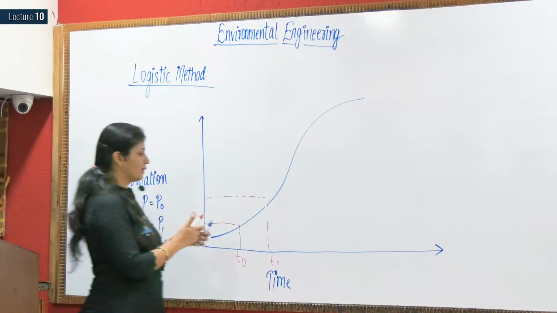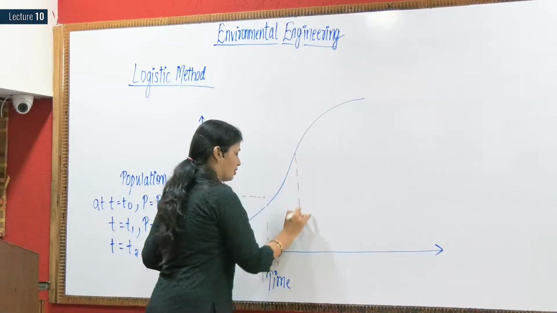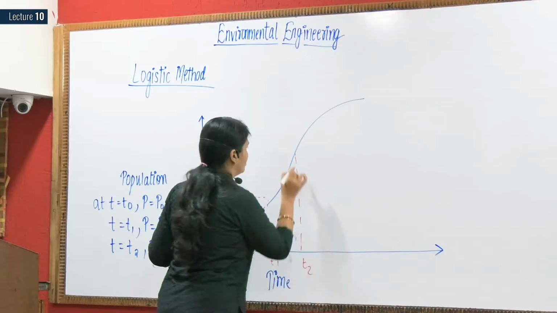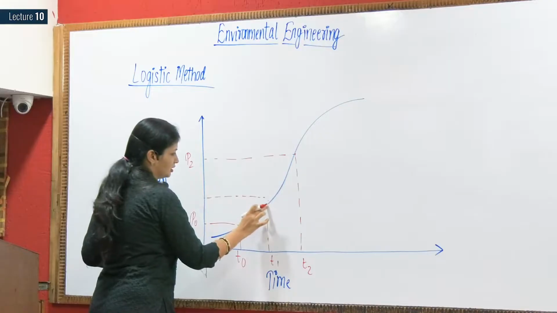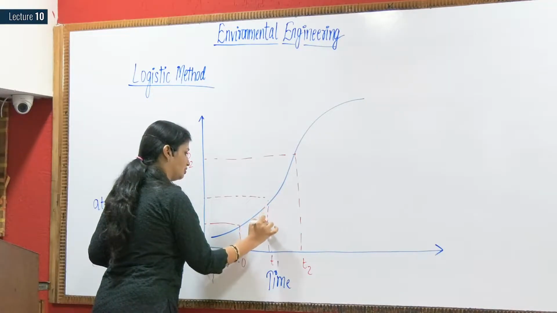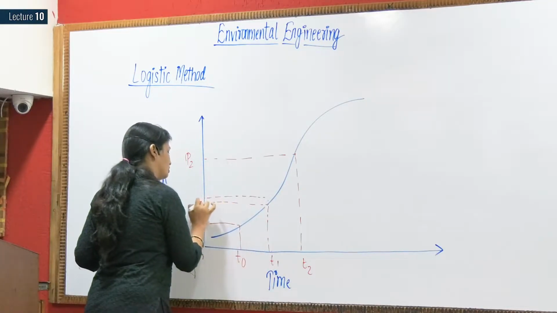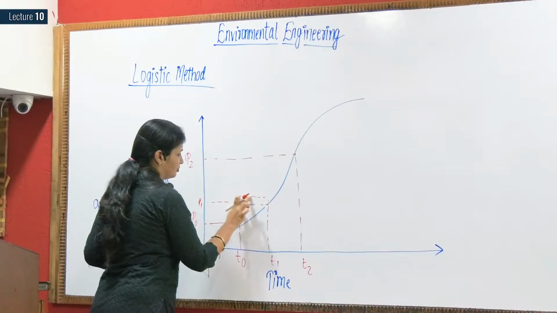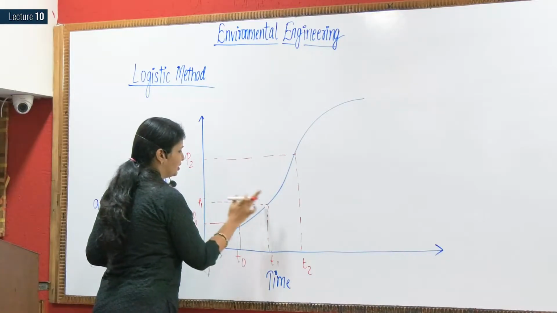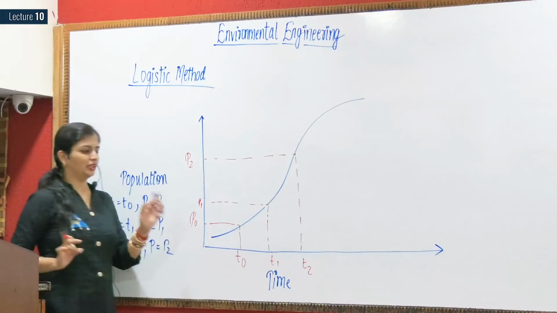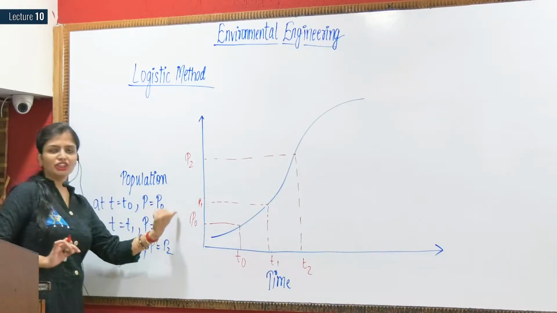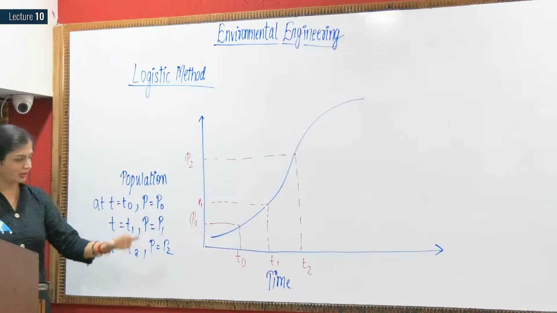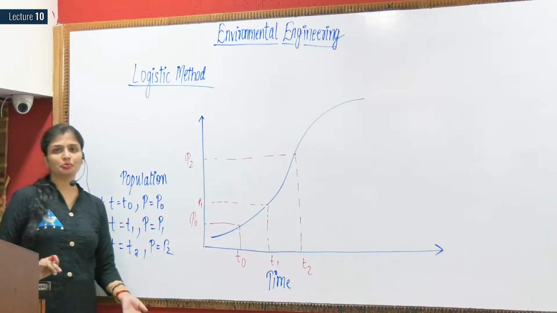For time t2, the population corresponding to it will be p2. This will be p1, not this one. You can draw the point corresponding to that on the graph. Fine. So you know that at time t naught, population is p naught, at t1 population is p1, and at t2 population is p2.